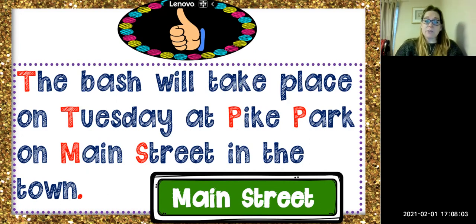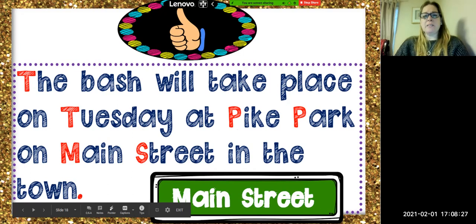We know that Main Street was a proper noun, but there's two more nouns, two common nouns in this sentence. We have bash and we have town. Good. What is the action? What's the verb in this sentence? Well, this one is kind of tricky because it's not really an action, but the verb is will. Will is the verb.